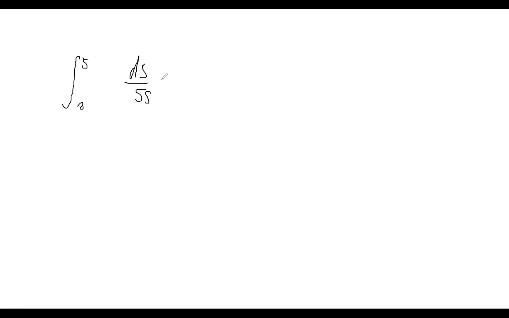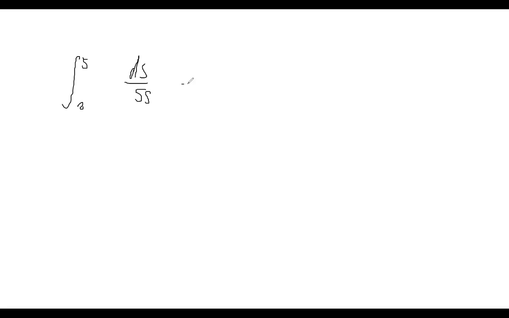In terms of s, we have, like the fifth property of the indefinite integral, dx over x. How do we get the integral of that? We just have to use the ln x, right?